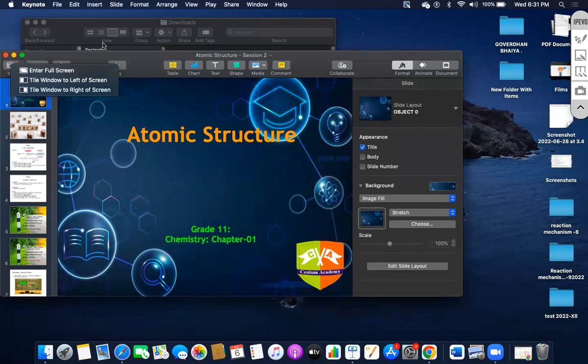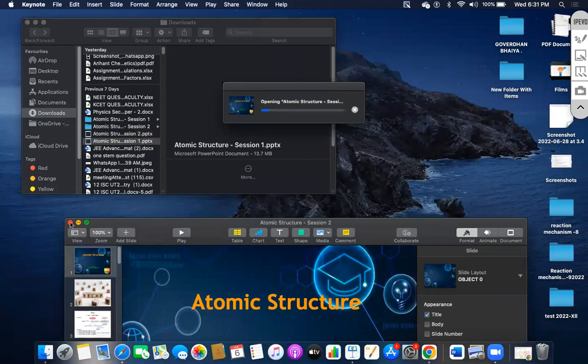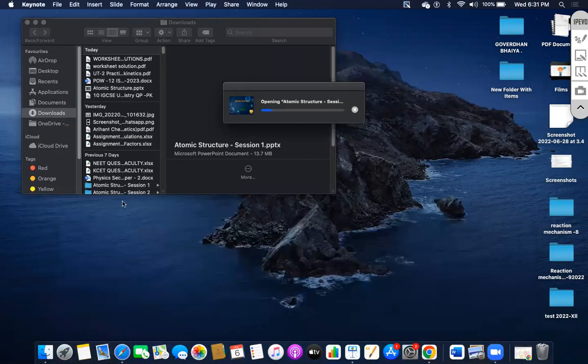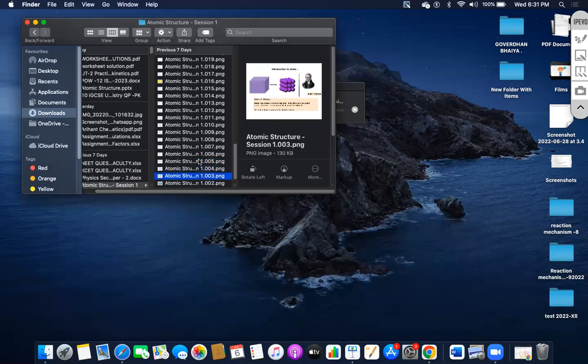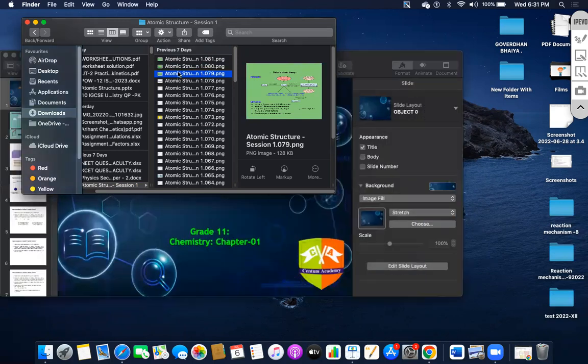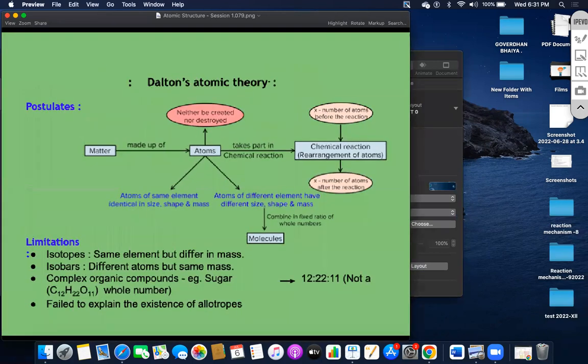So, flow chart showing Dalton's theory. One minute. Okay, I will do one thing. One second. I think you want just this photo, right?